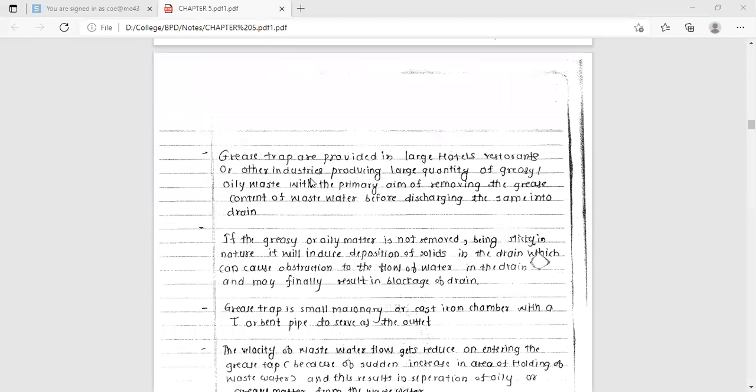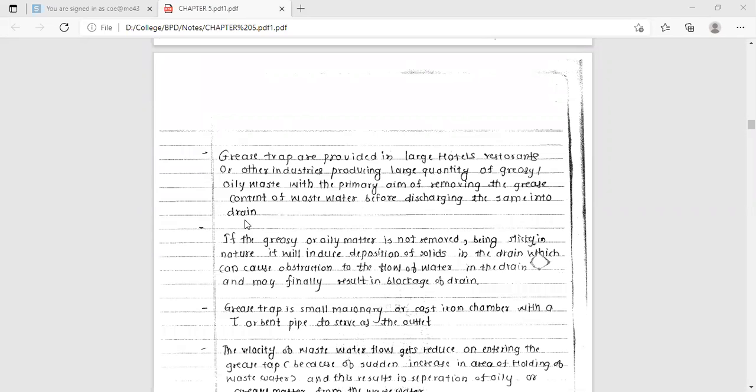Here grease traps are provided in large hotels, restaurants, or other industries producing a large quantity of greasy, oily waste, with the primary aim of removing the grease content of wastewater before discharging it into the drain.